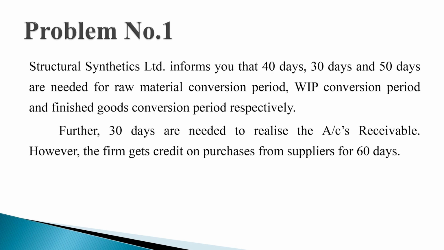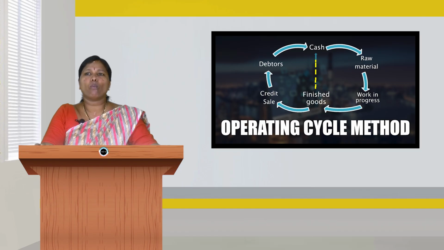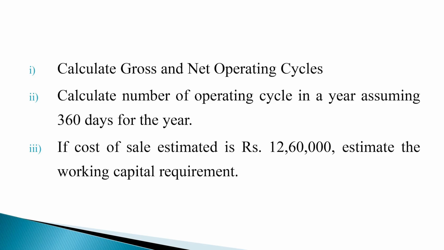However, the firm gets credit on purchases from suppliers for 60 days. Calculate the gross and net operating cycle. Second, calculate the number of operating cycles in a year assuming 360 days for the year. Third, if the cost of sales estimated is rupees 12,60,000, estimate the working capital requirement.